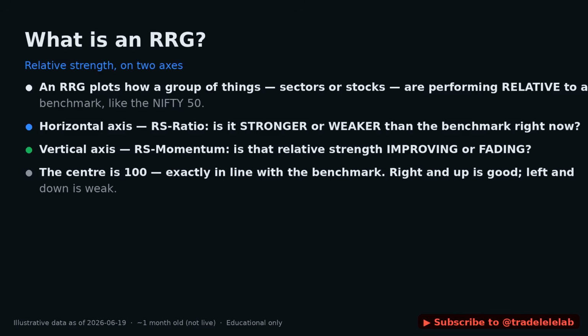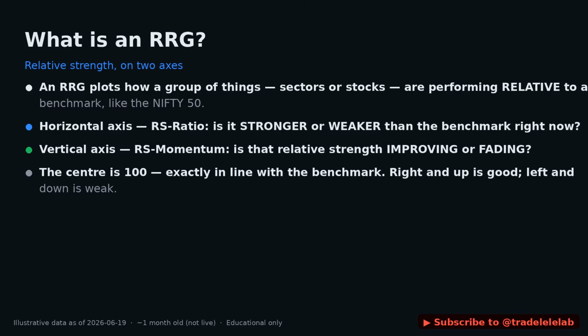A relative rotation graph shows you how a whole group of things, for example the sectors of the market, are performing relative to a single benchmark, usually the Nifty 50 index. It does this on two axes. The horizontal axis is called the RS ratio. It answers a simple question: is this sector stronger or weaker than the benchmark right now?